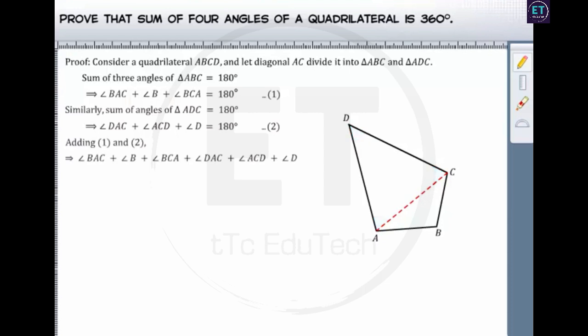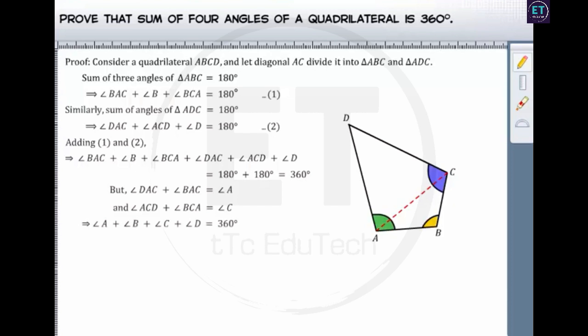Adding equations 1 and 2, we get the sum of the angles equal to 360 degrees. But angle DAC plus angle BAC is equal to angle A. Similarly, angle ACD plus angle BCA is equal to angle C. This implies angle A plus angle B plus angle C plus angle D is equal to 360 degrees.